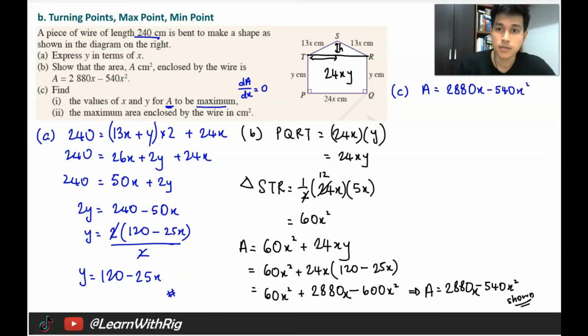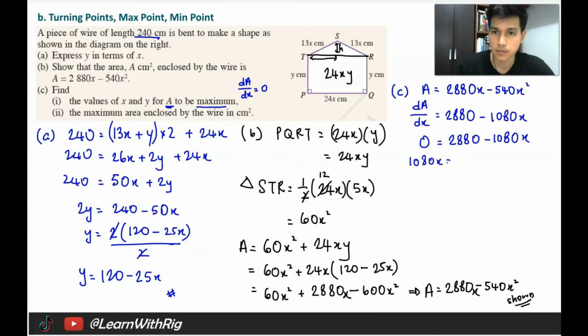So dA/dx is 2880 minus 1080x. It has to be 0, so 0 equals 2880 minus 1080x. So 1080x equals 2880, and x equals 2880 divided by 1080. You should get 8/3.